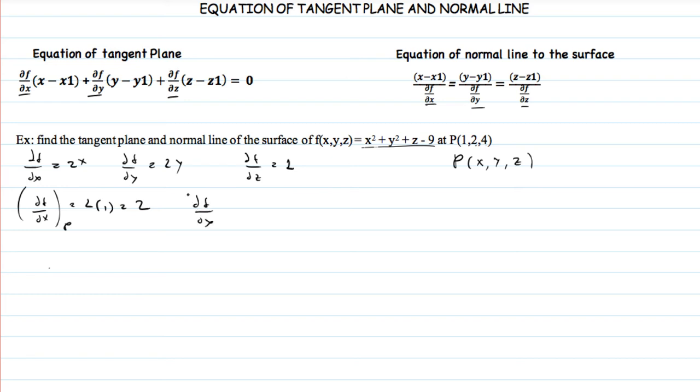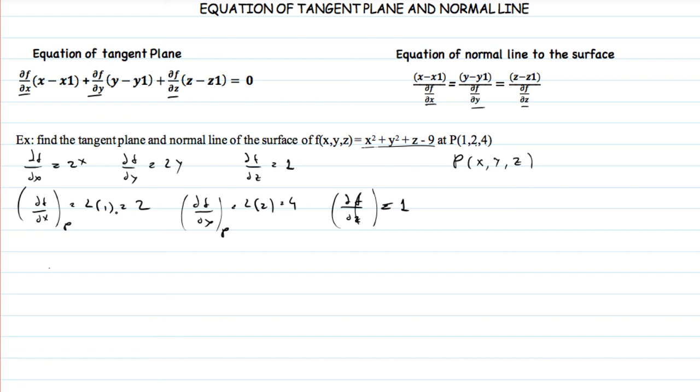Likewise for y, we have 2 times the y coordinate, which is 2, so we have 4. For z, the partial derivative is 1, since there is no variable there. So we have found the values of the partial derivatives at the given point.